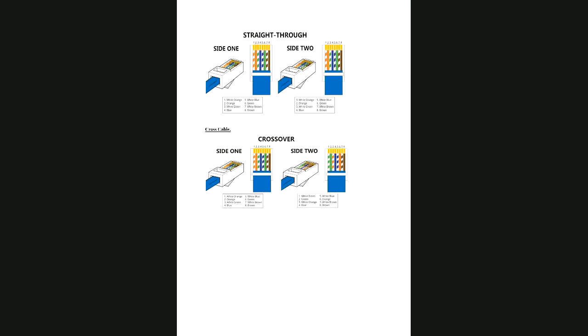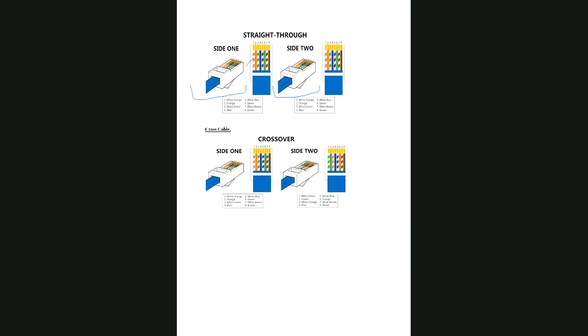If we see very clearly, in the straight through cable, this is side one of the cable, this is side two of the cable, and in both the sides the arrangement of the wires is the same. That means if the first one is white orange, as I can see from this particular side, then comes orange second, then we have the white green, then we have the blue color.